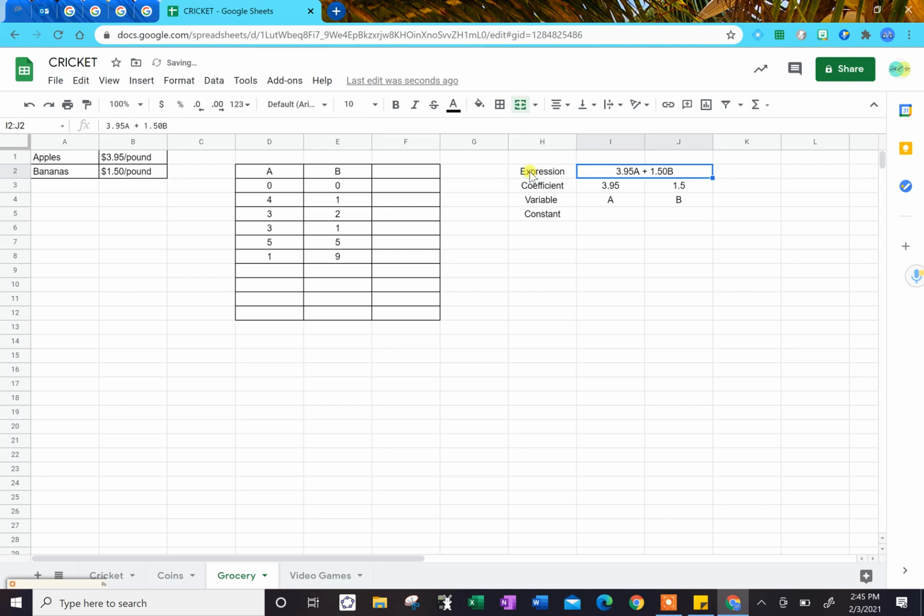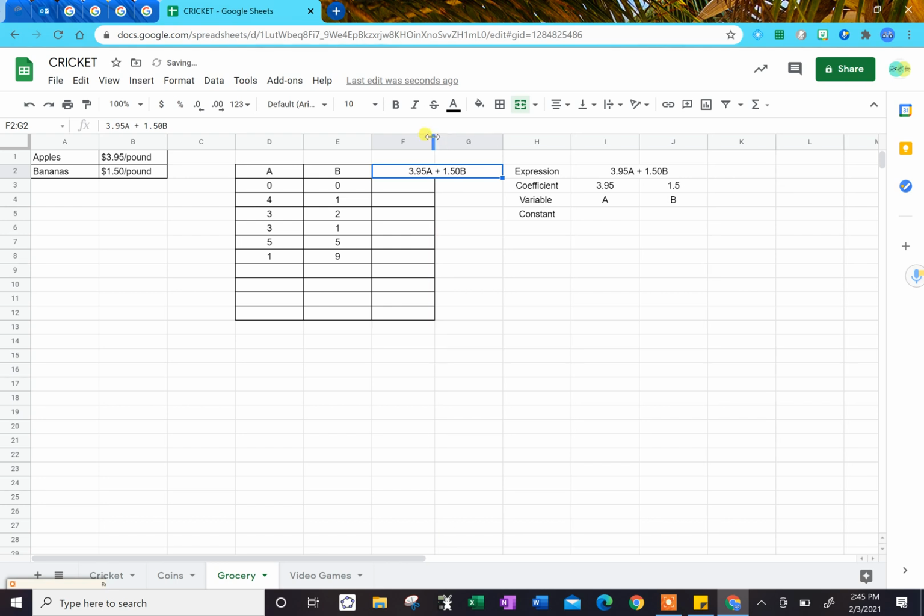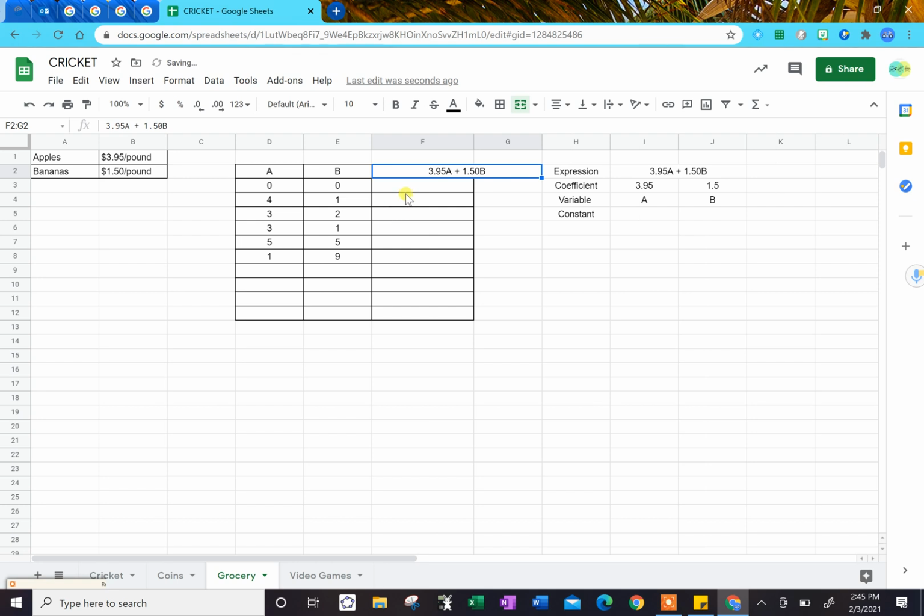And so now I'm going to copy this. I'm going to paste it over here, and now I'm going to write my formula to figure out how much it costs to buy some apples and bananas. All right, so let's see what I can do here.